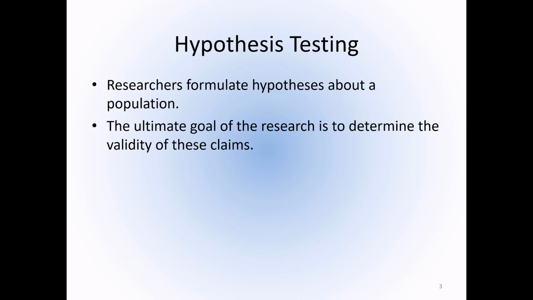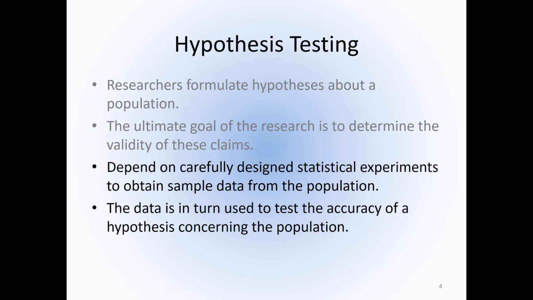Our ultimate goal is to determine how strongly we support or reject these particular claims. These claims are what then determine how we create a particular study. Ideally, our study will provide us with the appropriate data with which we can test how accurate those hypotheses are concerning the population of interest.